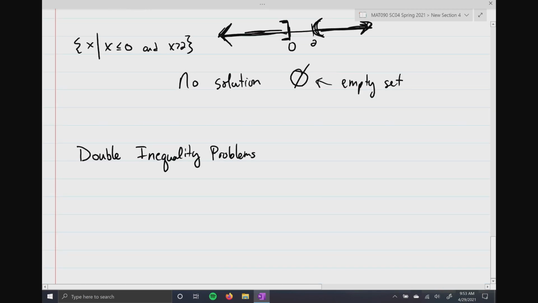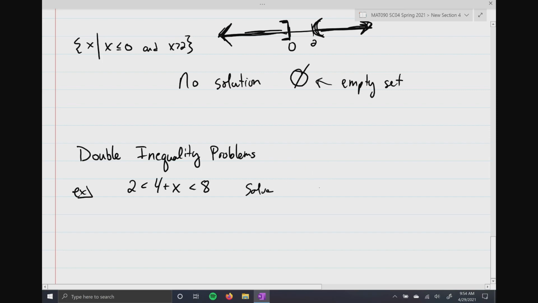It has two inequalities inside of the problem itself. So an example would be something like this. Notice here, we have two inequalities. If I read this left to right, it's 2 is less than 4 plus x, which is less than 8.